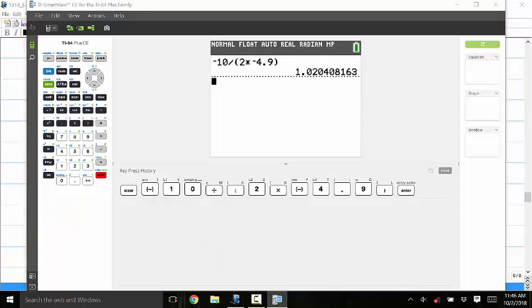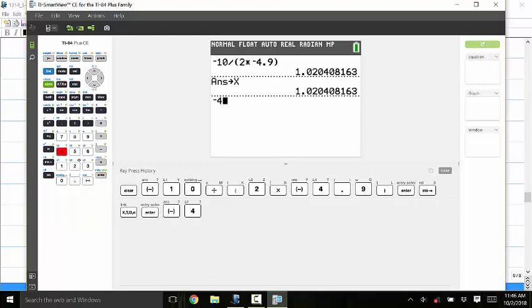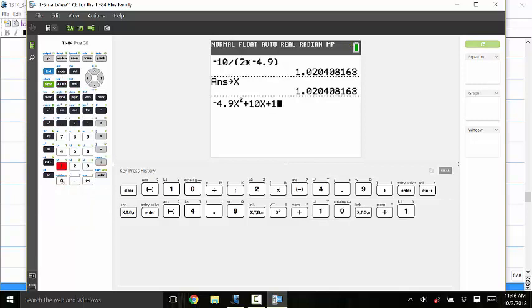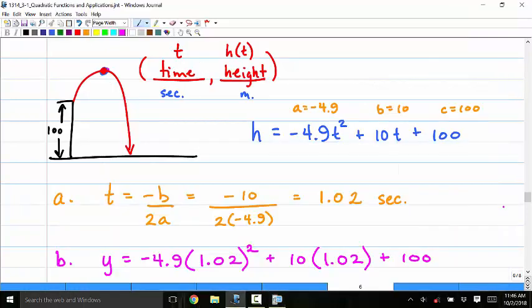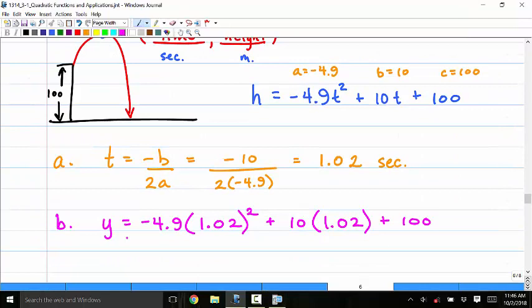I'm going to store that as my x value. Then I'm going to type in the equation negative 4.9 x squared plus 10x plus 100. 105.10. That's the maximum height. That is the maximum height. 105.10 meters.